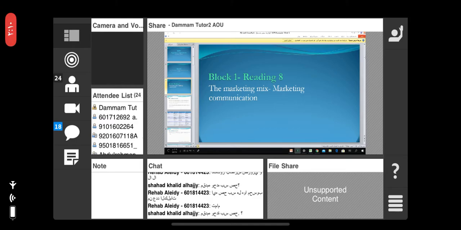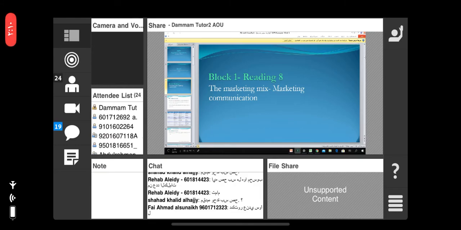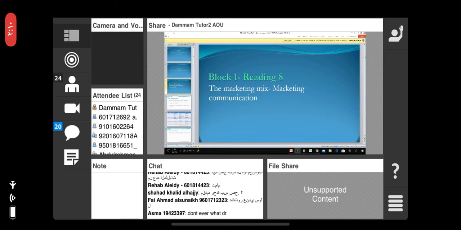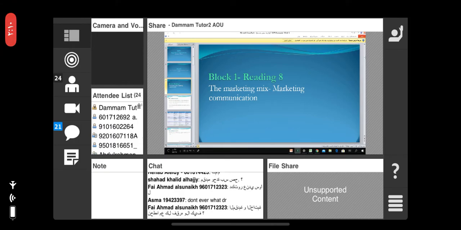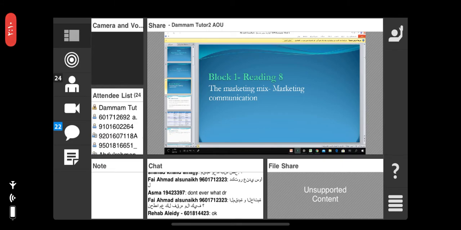You have to have it. تعمل الكونتنتس manual؟ Don't ever do it manual. اوكي، لانه هو يطلع اوتوماتيك. يعني ايش؟ Don't do it manual.